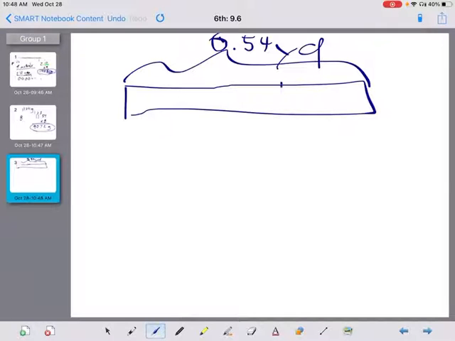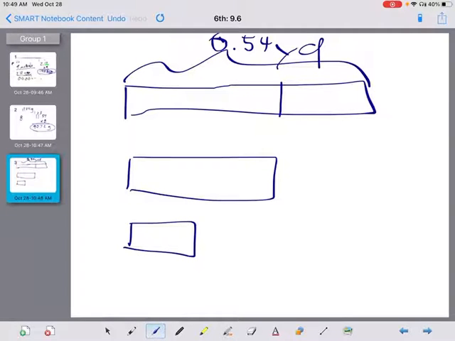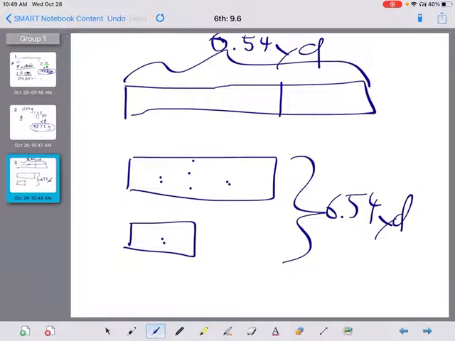So we'll put this one here and the other one there. We actually know that all 3 of these are the same size, because these 2 are twice as long as this one. And we know that the total is 6.54 yards. That's how we would set up problems like these.